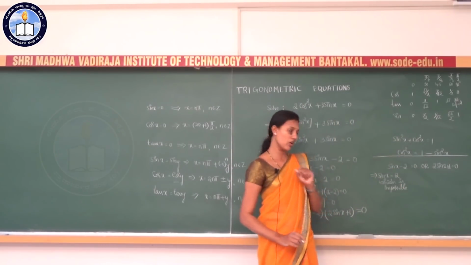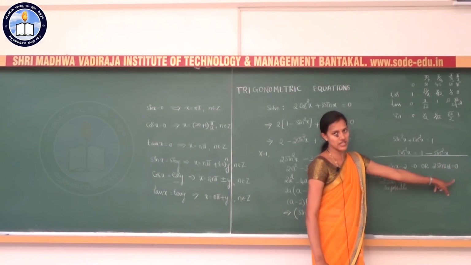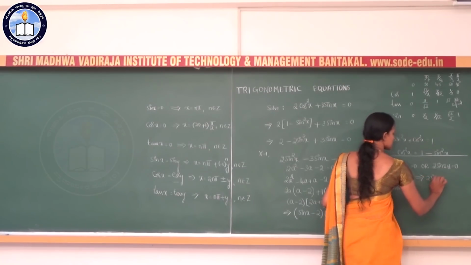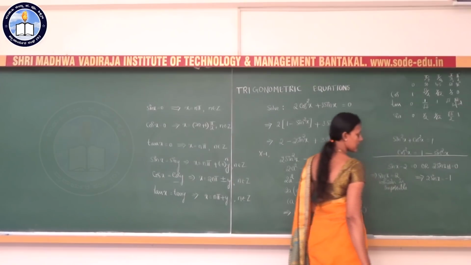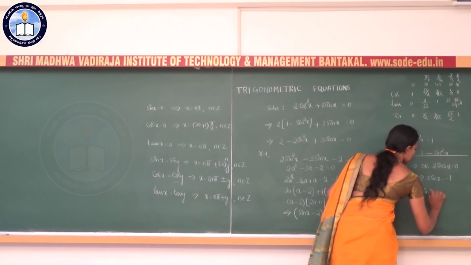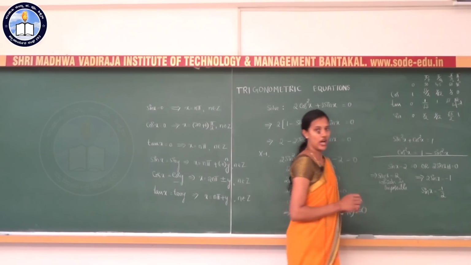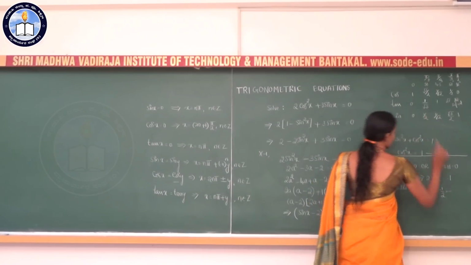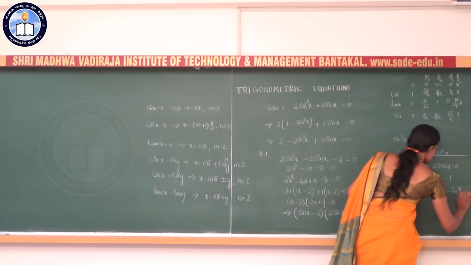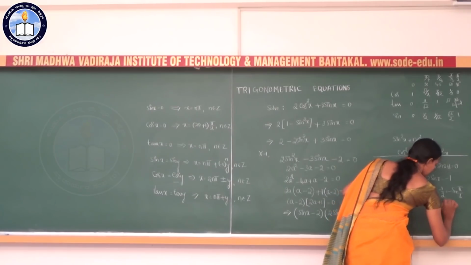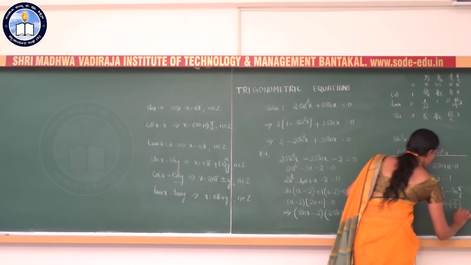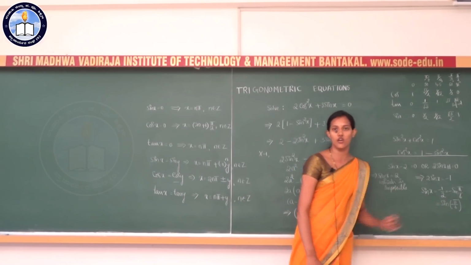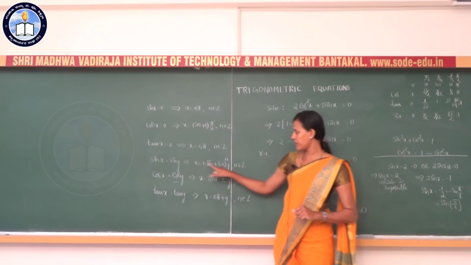So we have only one option, that is 2 sin x plus 1 is equal to 0, which implies 2 sin x is equal to minus 1, or sin x is equal to minus half, and minus half can be written as minus sin of pi by 6, or sin of minus pi by 6. So it is of the form sin x is equal to sin of minus pi by 6. Compare it with this.